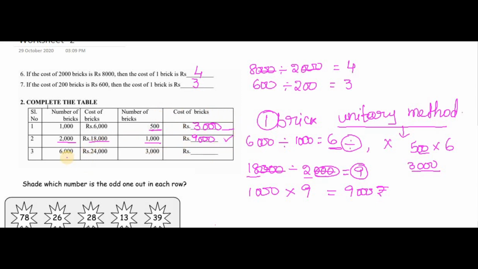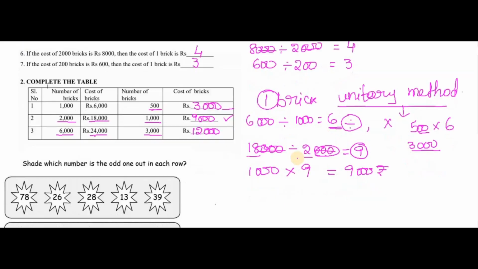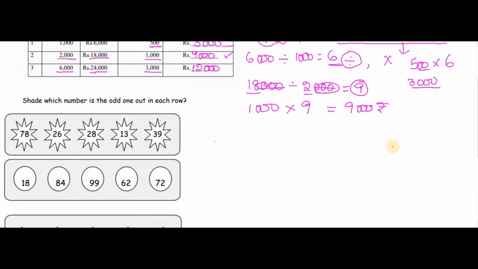So here also the same thing. 6000 bricks is 24,000 rupees and 3000 bricks. So half of this amount, half of 24,000 is nothing but 12,000, because half of 24 is 12. Now we will find that with the help of the original procedure, nothing but our unitary method. 24,000 divided by 6,000.